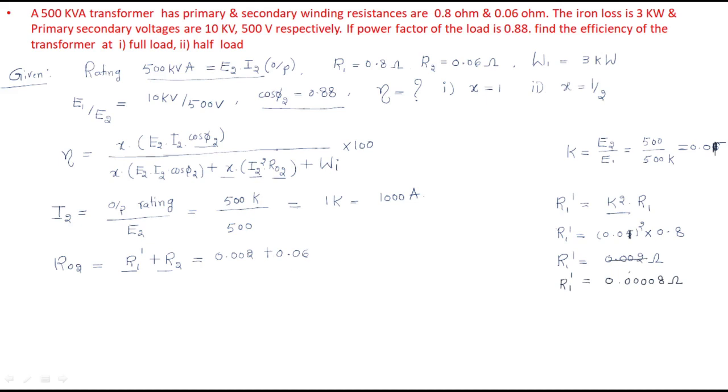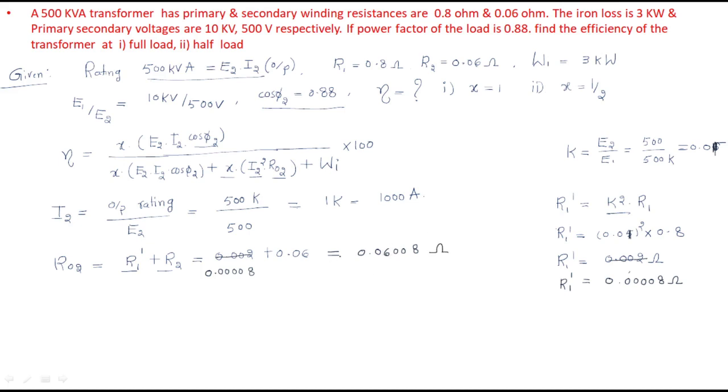So by substituting these values in place of R1 dash, you will get 0.00008. Finally you will get R02 value as 0.06008 ohms.